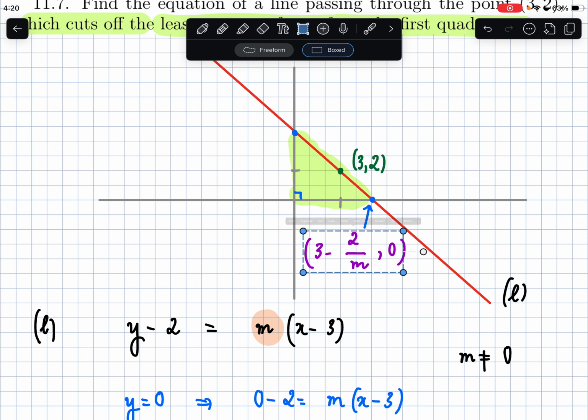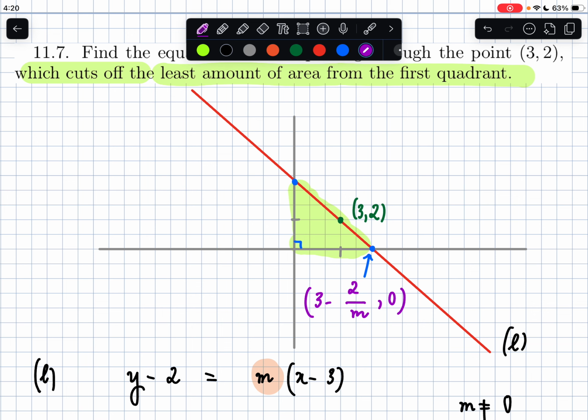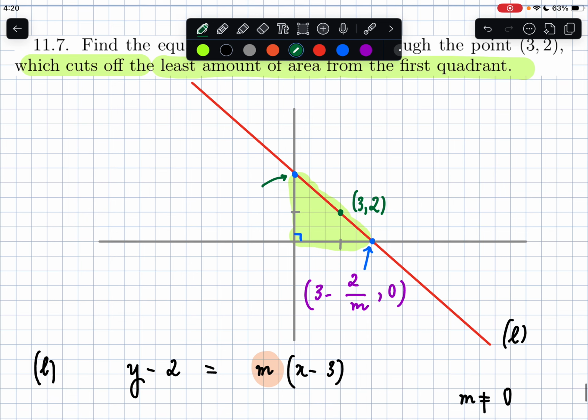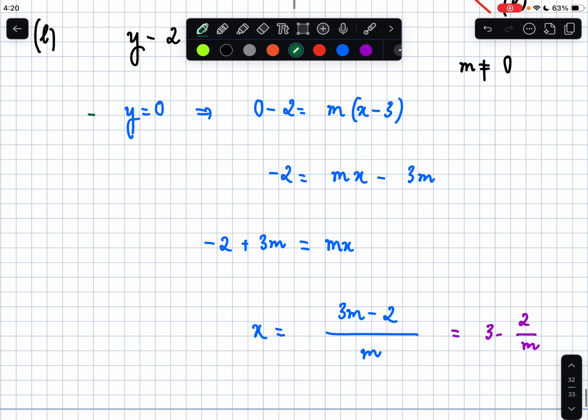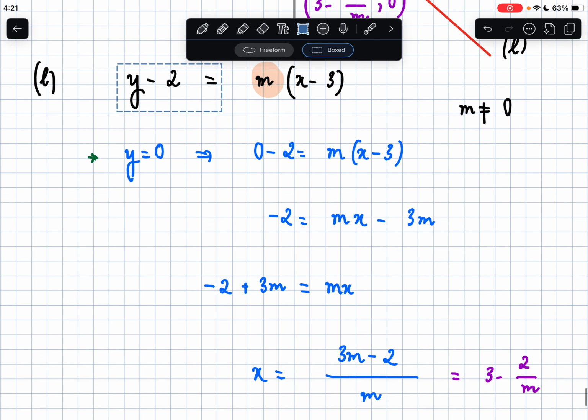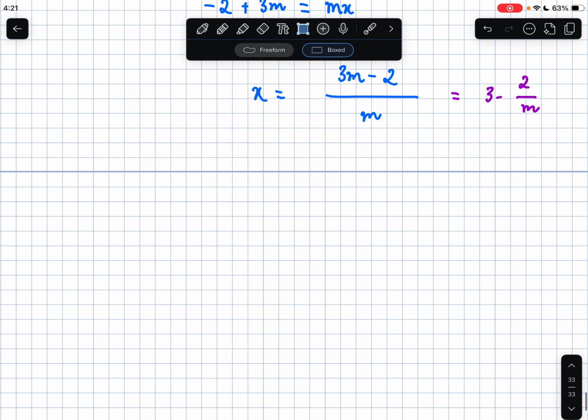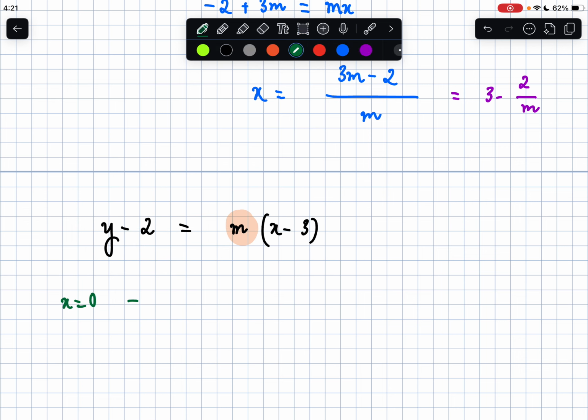Now we do similarly for the coordinates of the other point. So x equal to 0, y equal to what? With x equal to 0, y minus 2 equal to m times (0 minus 3), so y equals minus 3m plus 2.